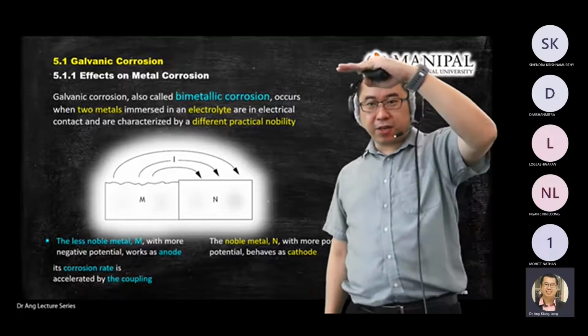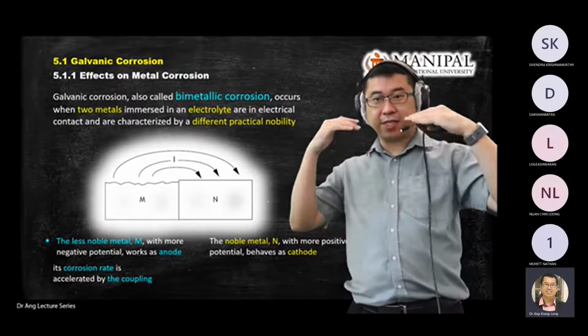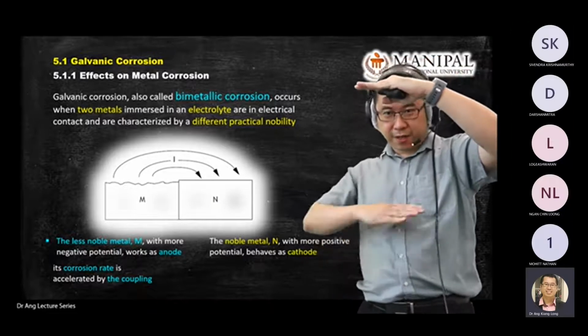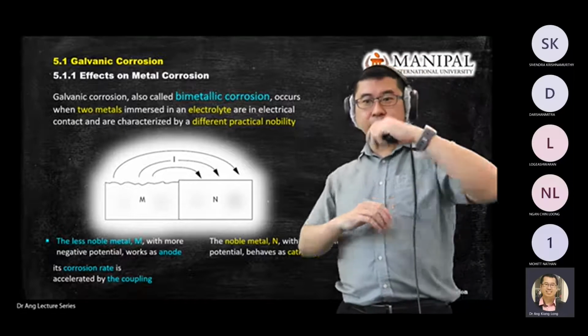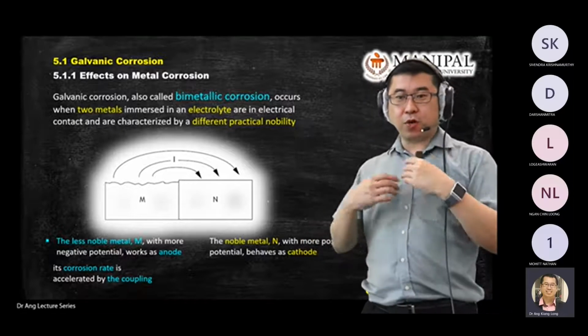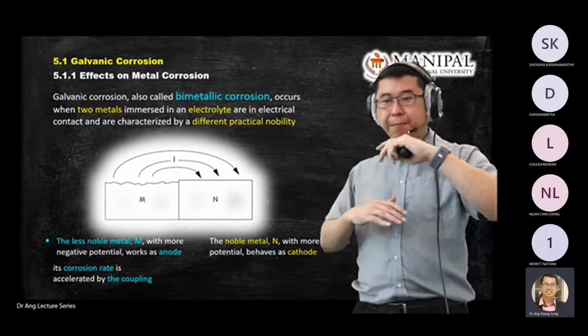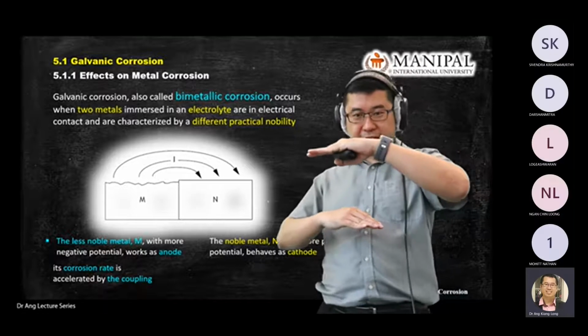So cathode, anode. Just look at nobility. Those at a high level are the cathode, those at a low level are the anode. Later, when you derive equations or do calculations, you need to identify which one is the anode and which is the cathode.